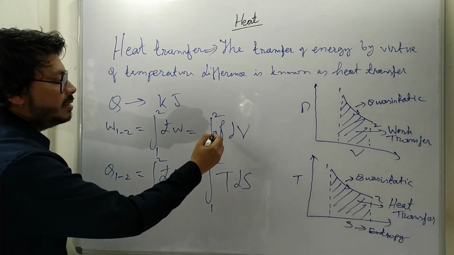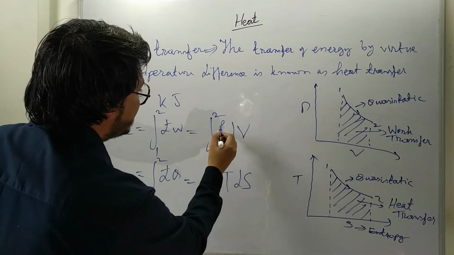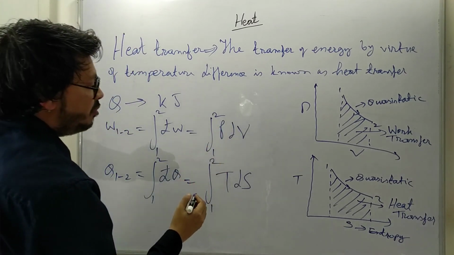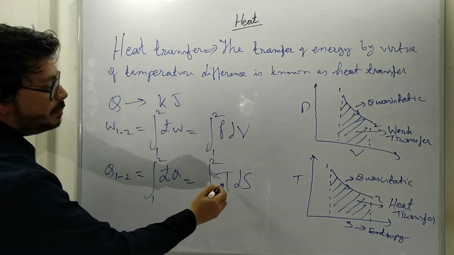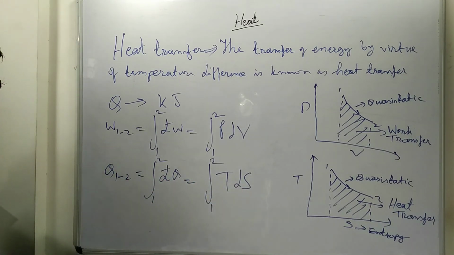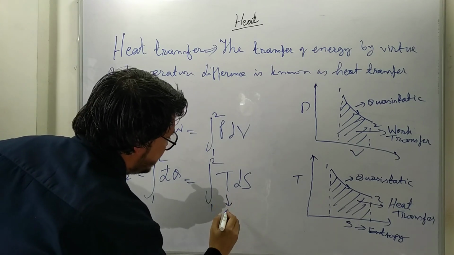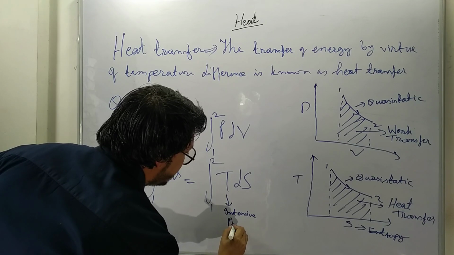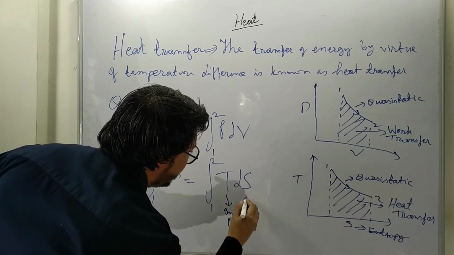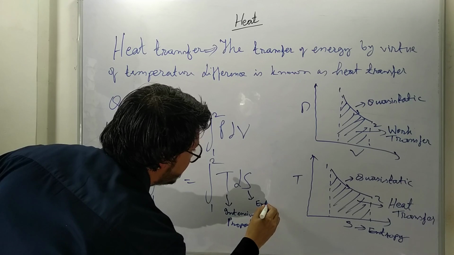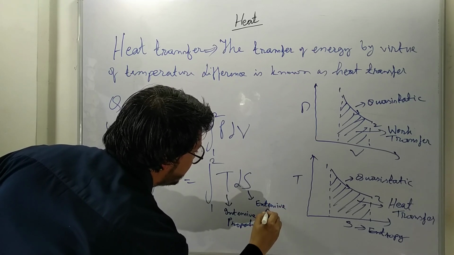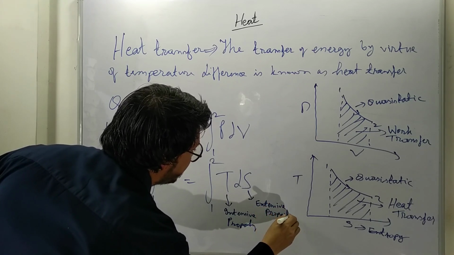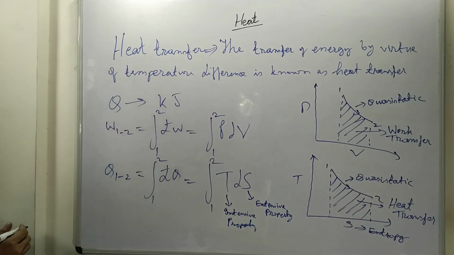Here in work transfer, P is the pressure and dV is the change in volume. In heat transfer, T is the temperature and dS is the change in entropy. This T is an intensive property, and S is an extensive property. So heat transfer is equal to the integral of the product of an intensive property and the small change in an extensive property.